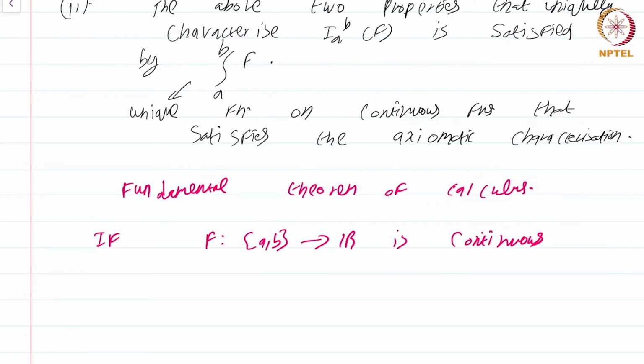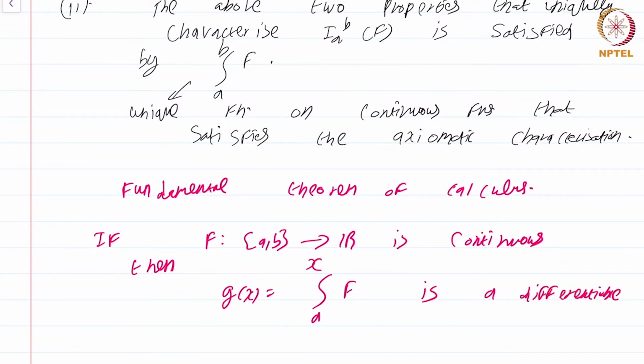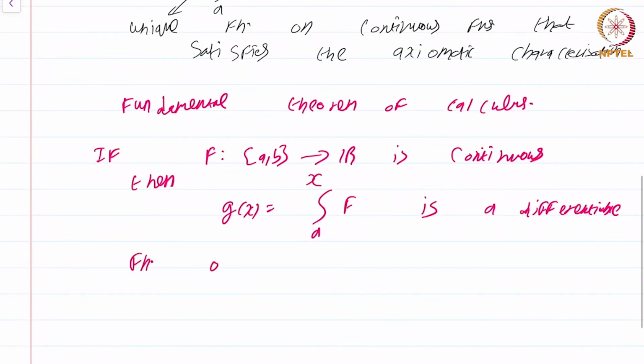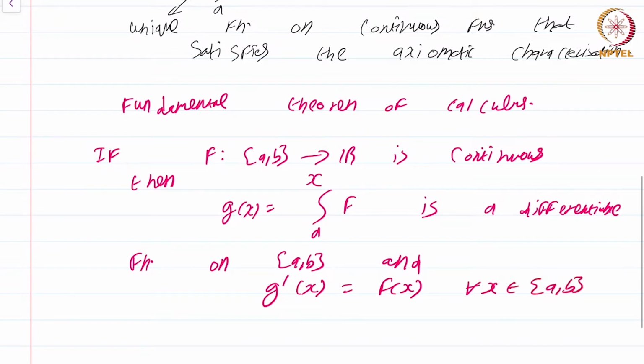If f from [a,b] to R is continuous, then g of x equal to the integral from a to x of f is a differentiable function on the closed interval [a,b], and g prime of x is nothing but f of x for all x in the closed interval [a,b].